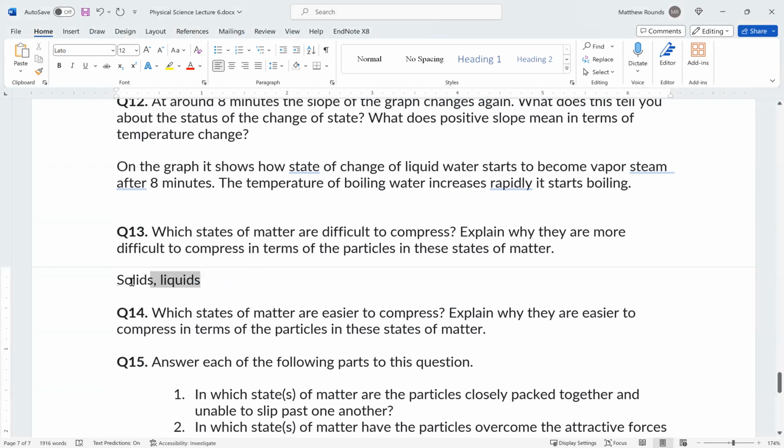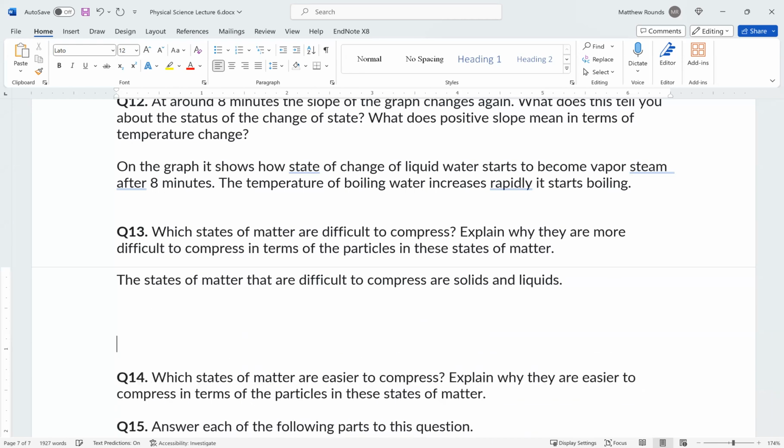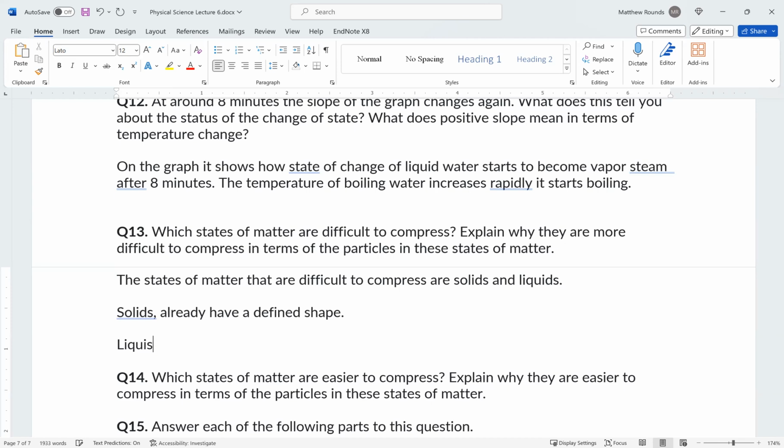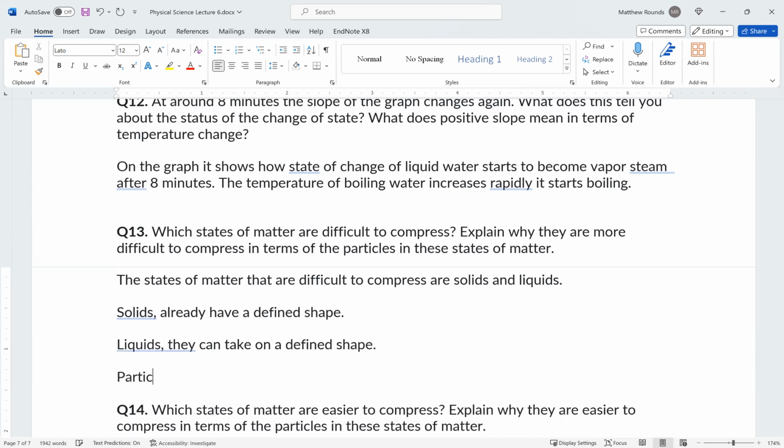Okay, so the reason that they are difficult to compress is in the case of solids, they already have a defined shape. And in the case of liquids, they can take on a defined shape. You could also mention that the particles are closer together.